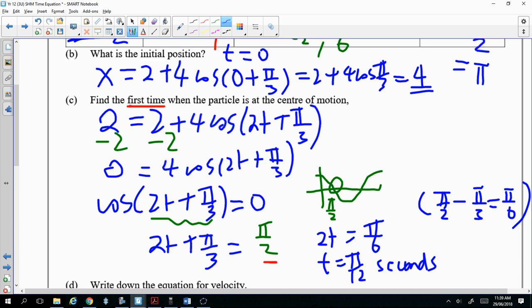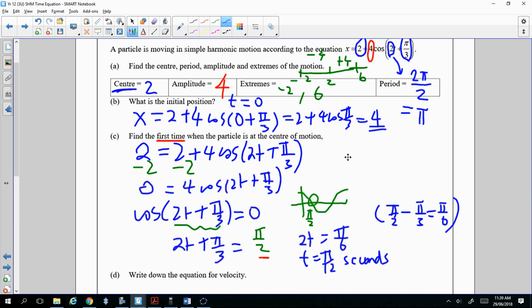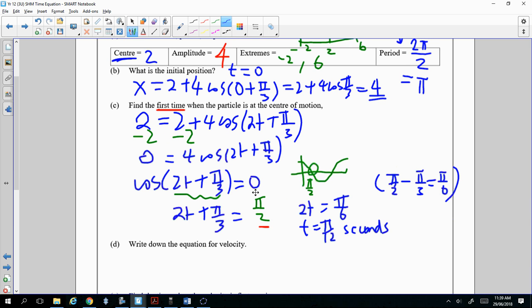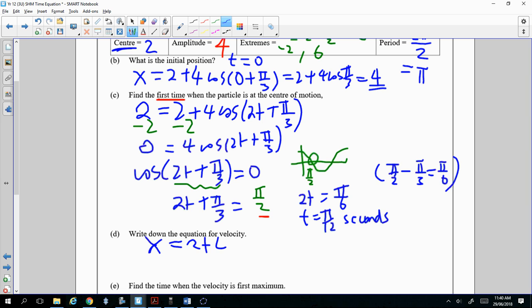Okay, try to do the next part. Find the velocity and then find the time when the velocity is first maximum. Okay, have a try. So to find the velocity, make sure you differentiate x. x equals 2 plus 4 cos(2t plus pi over 3). All right, let's differentiate.